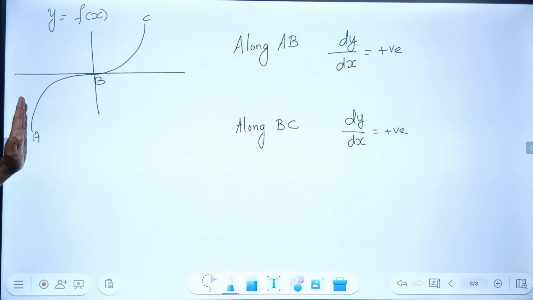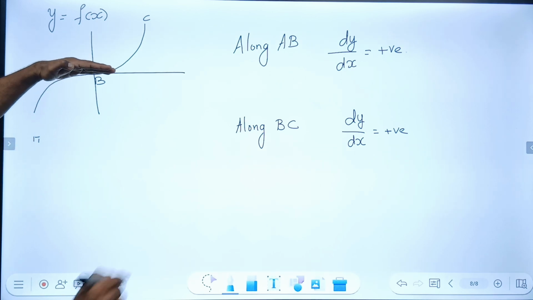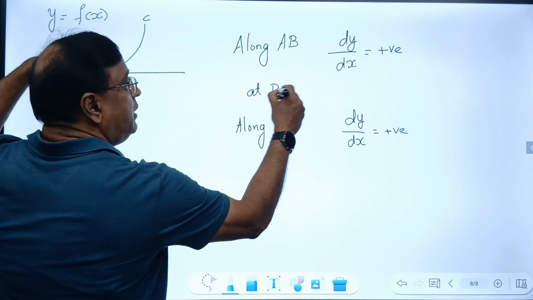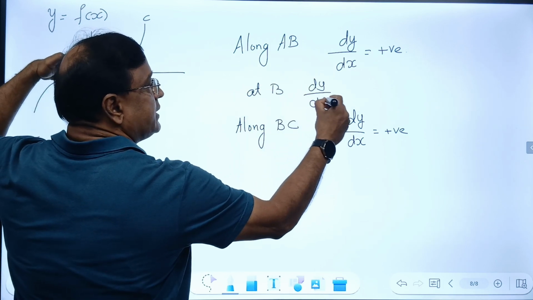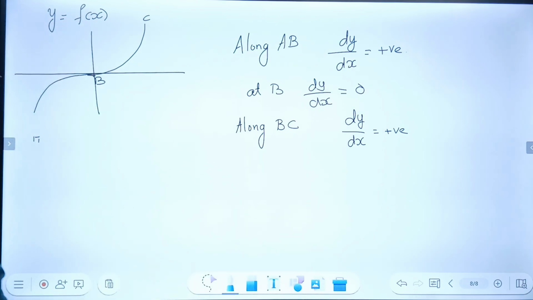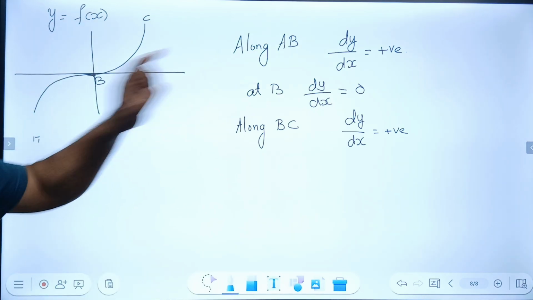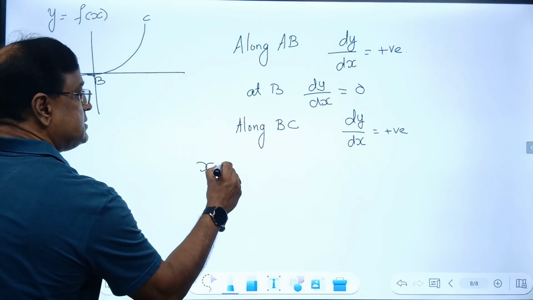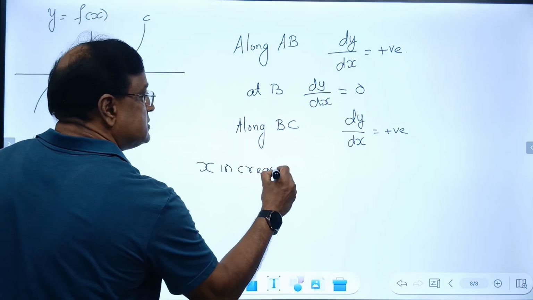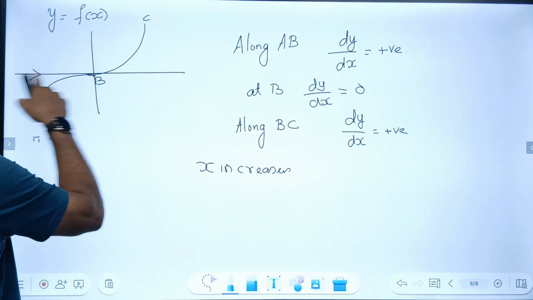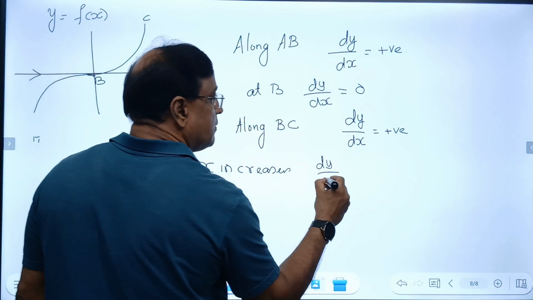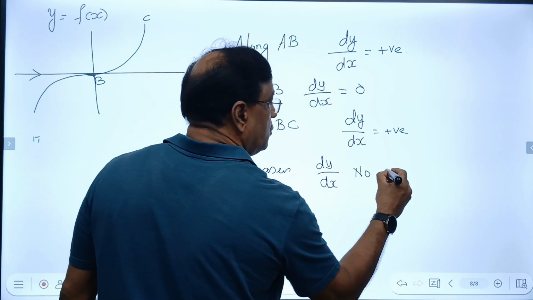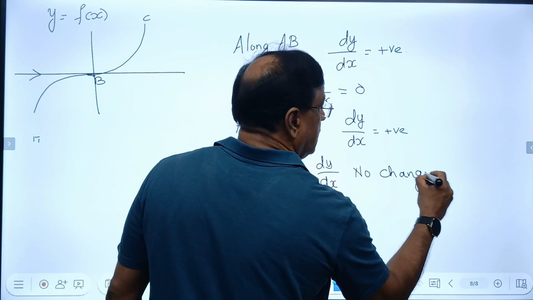So here also, dy by dx is positive. Okay. So when I move from A to B, you see the tangent is always positive, but at B, the tangent will be parallel to the x-axis. So I will get it as 0. Now, when x increases, along this, there is no change in sign.